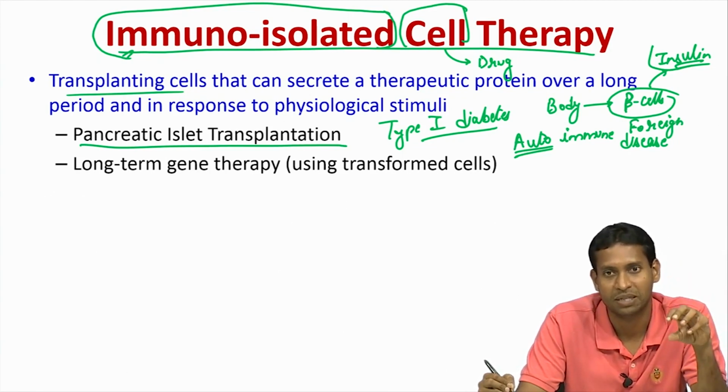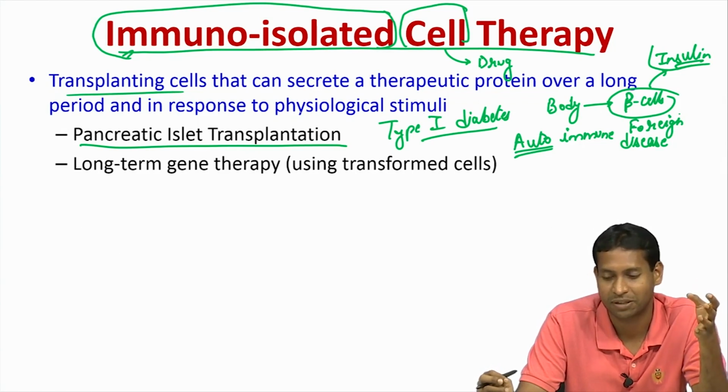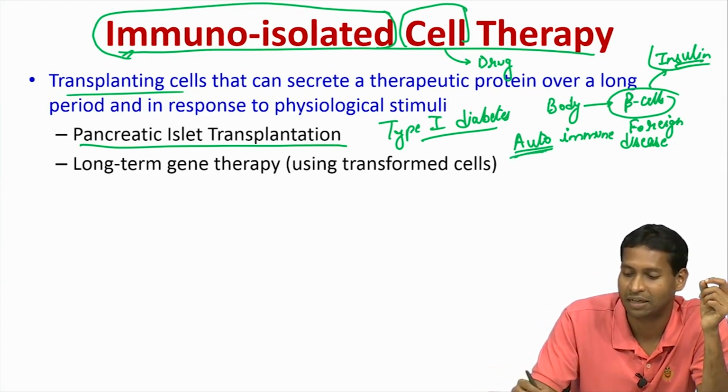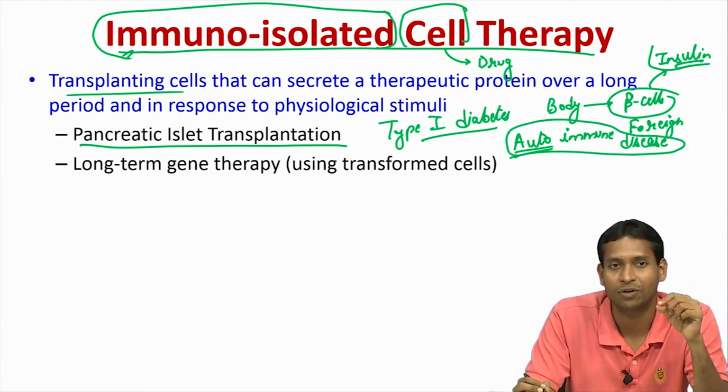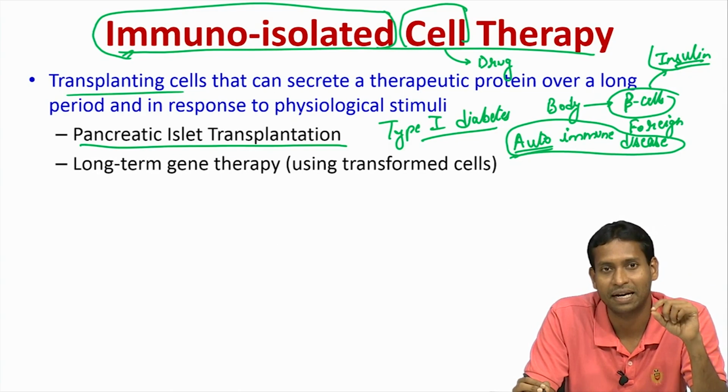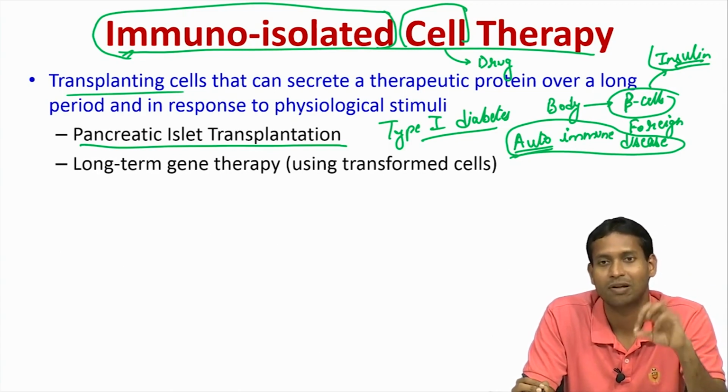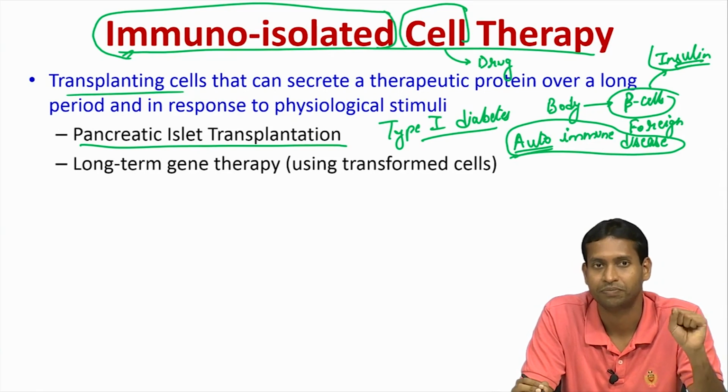Now you can try to put some other cells, or maybe the original cells, if you are able to retrieve some of them, you can put them back in, but then the body is going to react again against those cells, because the body is already having an autoimmune disease. So what you have to do is make sure that when you put these pancreatic islet cells into those patients, they are isolated somehow from the immune system.